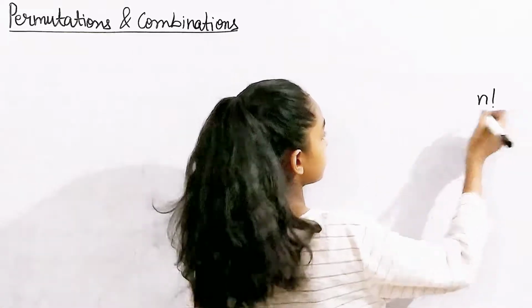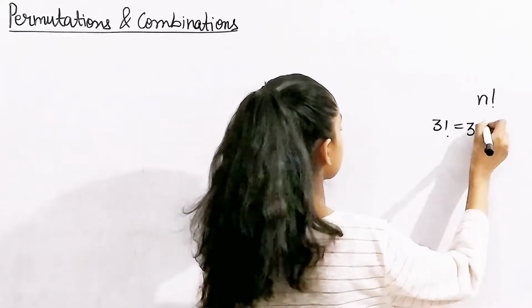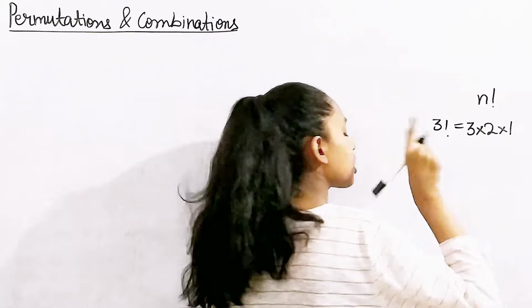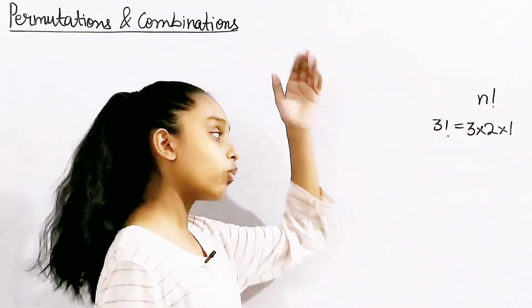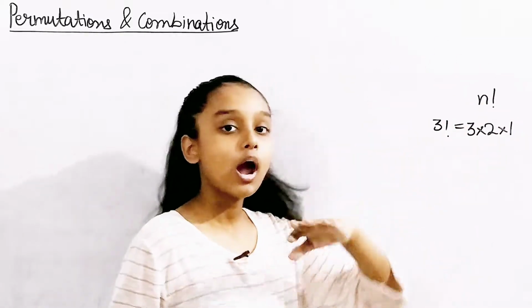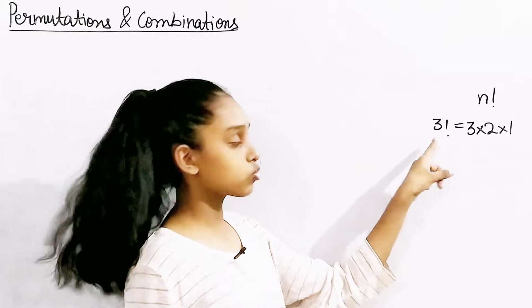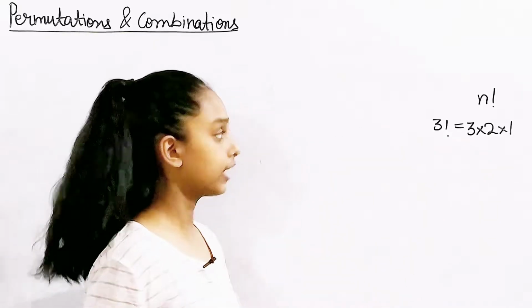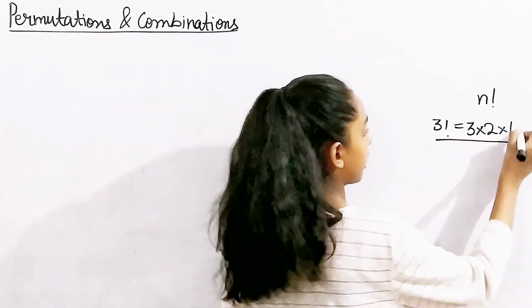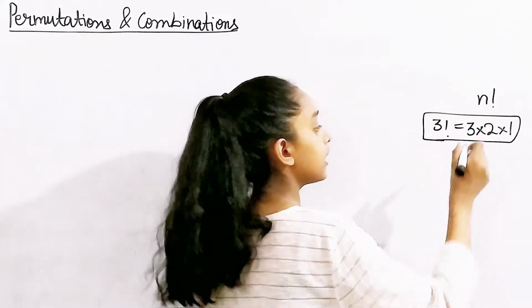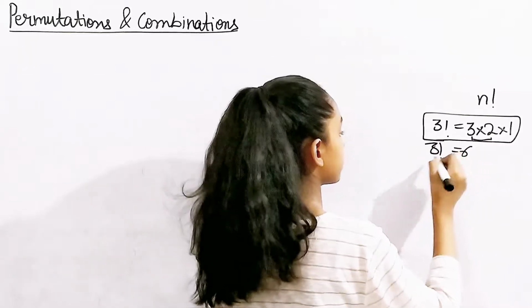So 3 factorial will be 3 into 2 into 1. There is a reason why we're starting from the number which is given to us, not from 1. We'll discuss that later while we solve the question. So 3 into 2 will be 6. So 3 factorial is equal to 6.